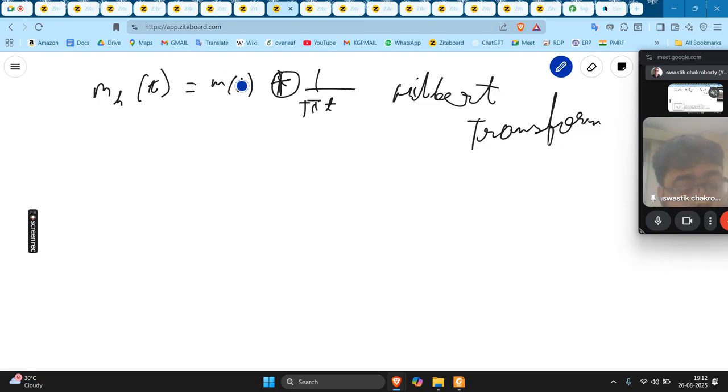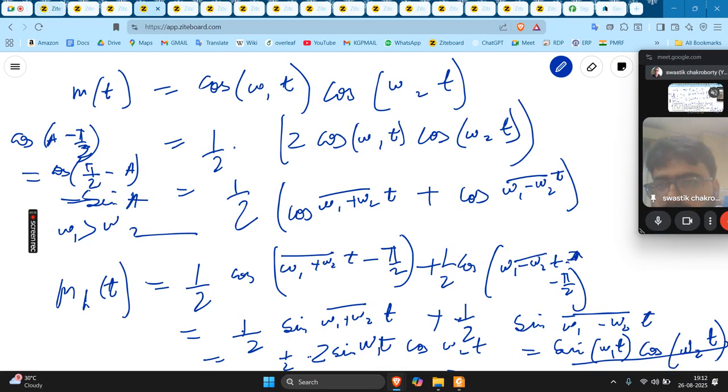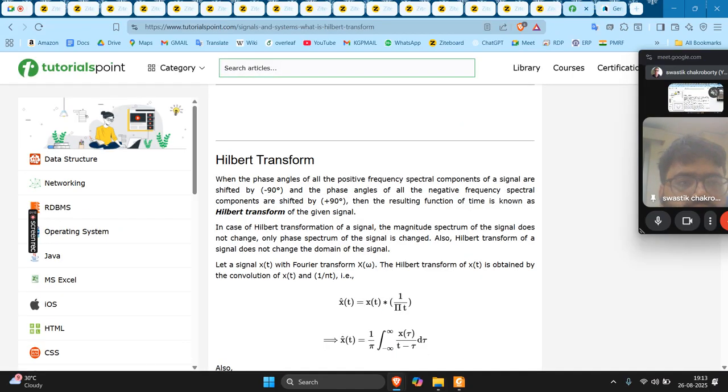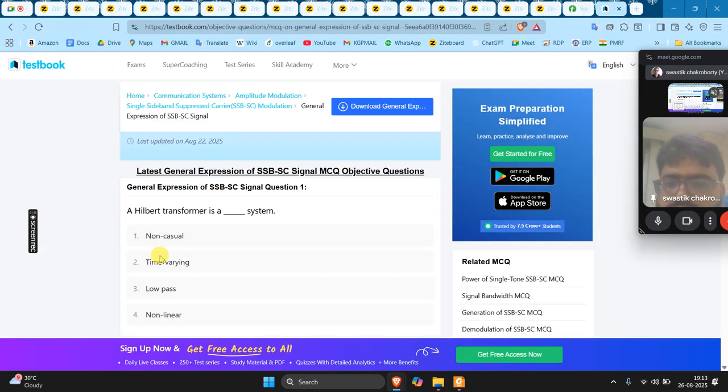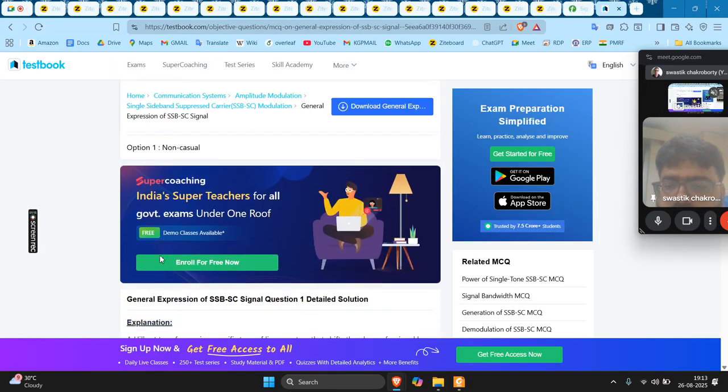The message signal should not be operated upon by some time varying function. Here we see that a time varying function is being operated on the message signal. So we can say that the system is time varying.